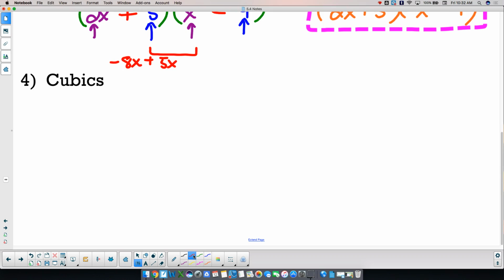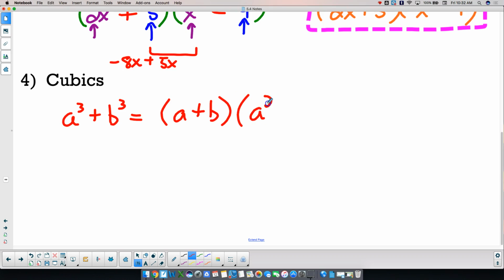Because they're simply just formulas. So if I have a cubed plus b cubed, that's going to factor to be a plus b, same sign, times a squared minus ab, different signs, plus b squared.